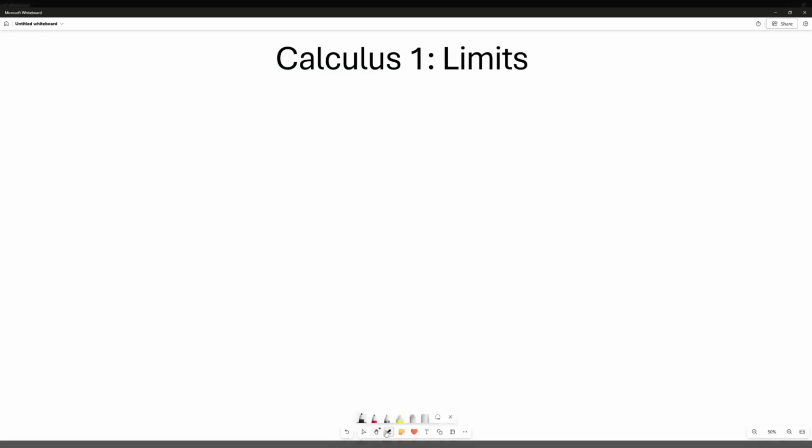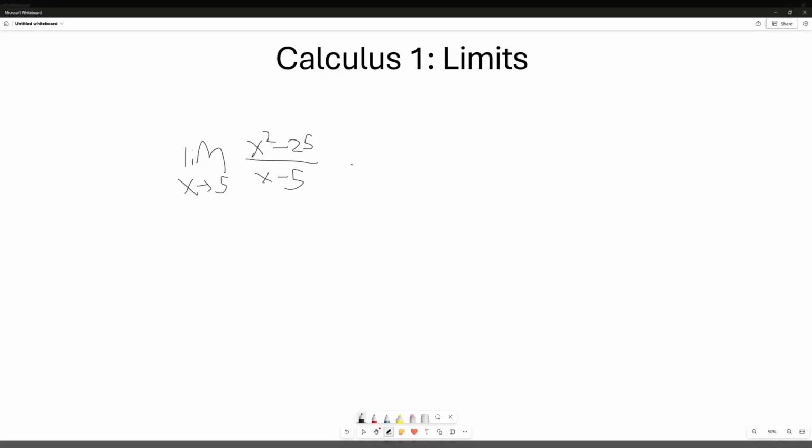Now let's solve an actual problem, now that you understand what limits look like visually and how they behave visually. So let's say we have the limit as x approaches 5 of x squared minus 25 over x minus 5.